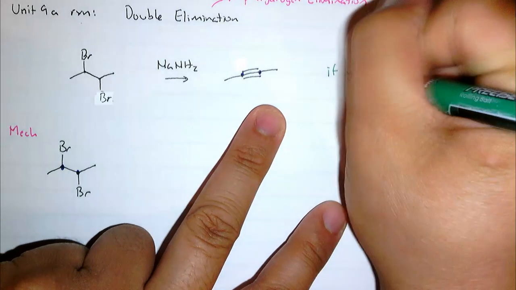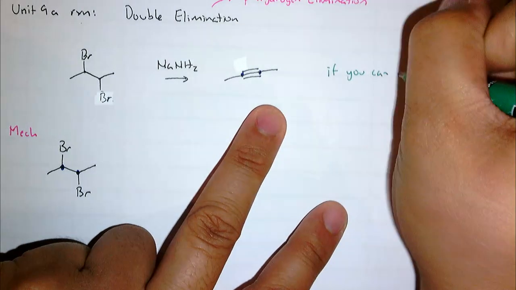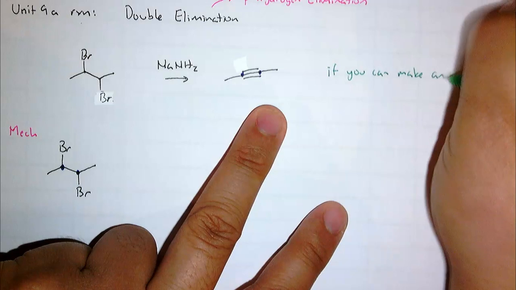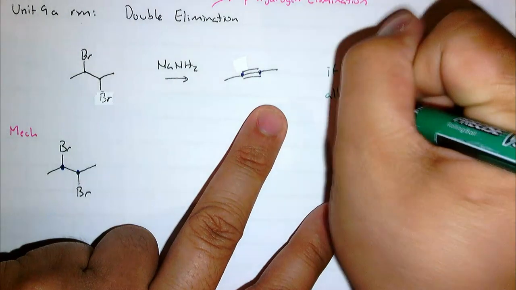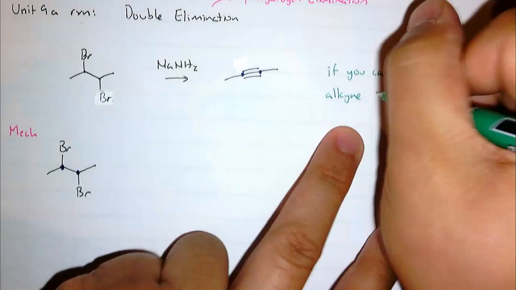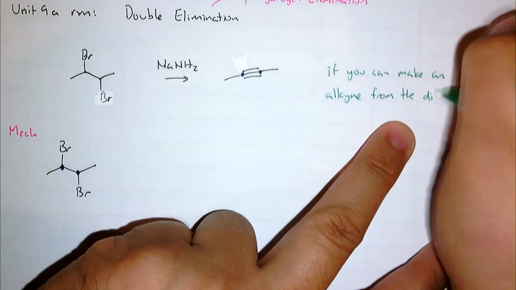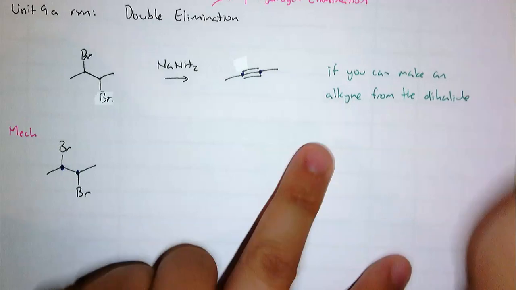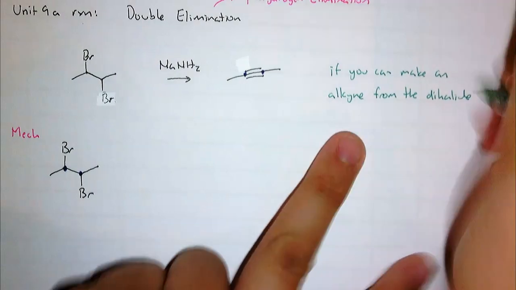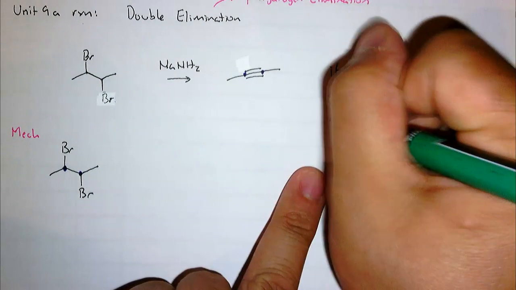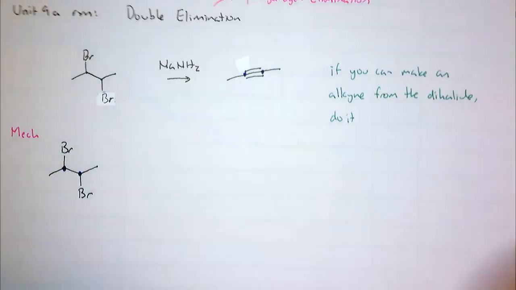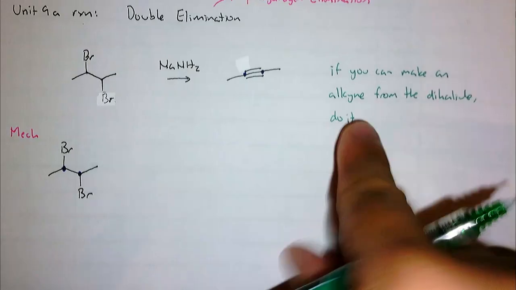If you can make an alkyne from the dihalide, if you can make an alkyne from the dihalide, do it.